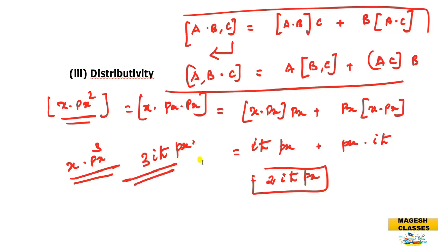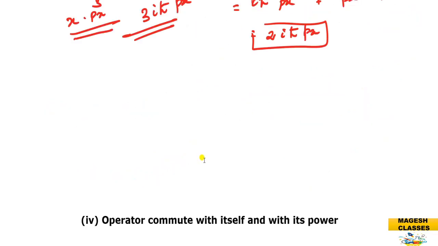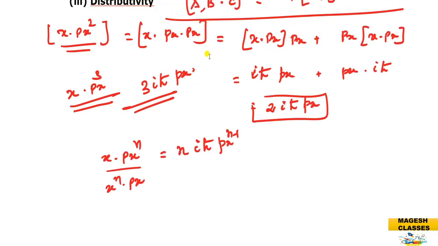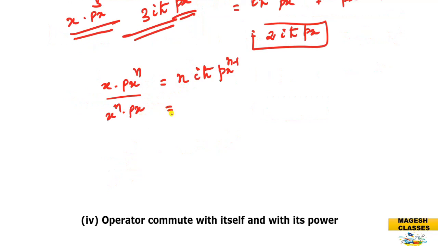In this area, we have to summarize some of the important things, that is x into px power n, and x n p power x. So x is in the power. So x into p power xn is equal to, what is the value? That is n I h cut px n minus 1. So here px square. Okay. Then x n power px is equal to I h cut n x n minus 1.